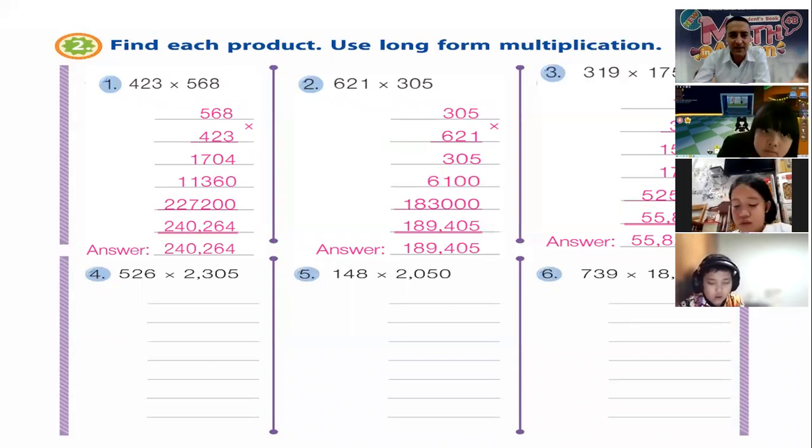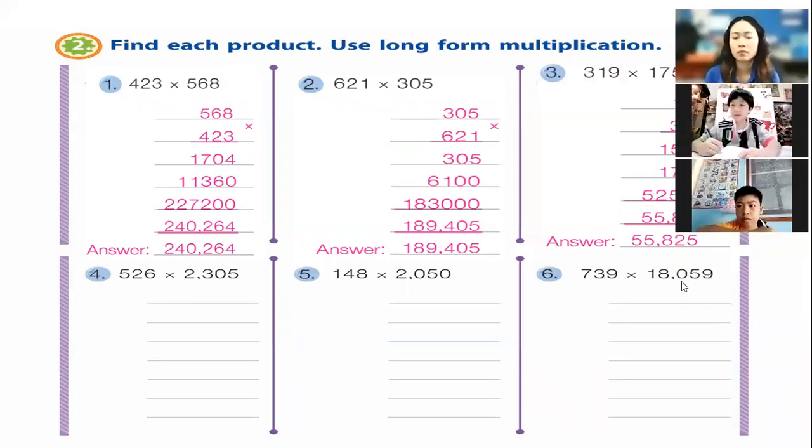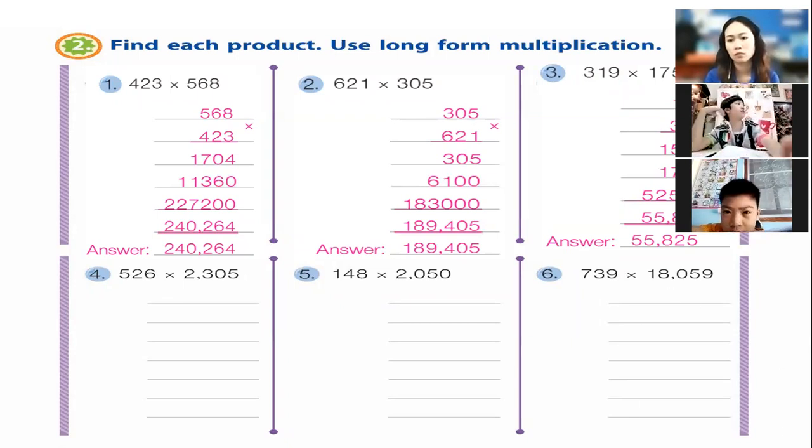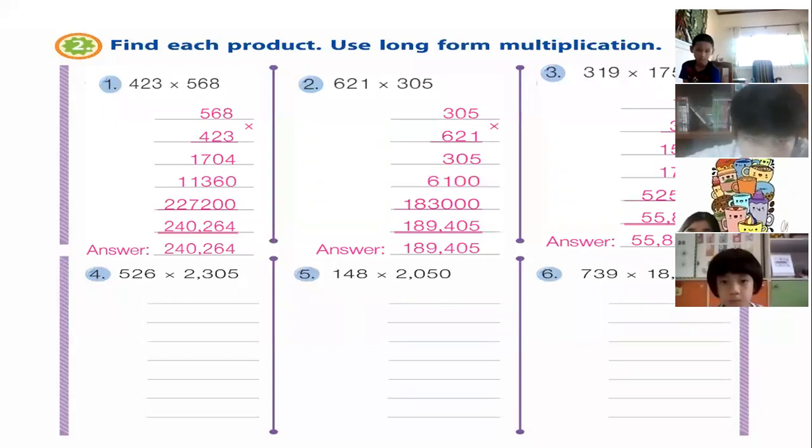Okay, question number 4. Did you find the answer already? Question number 4. No. Okay, next. Adin, did you find the answer for question number 4? 1,200,000.